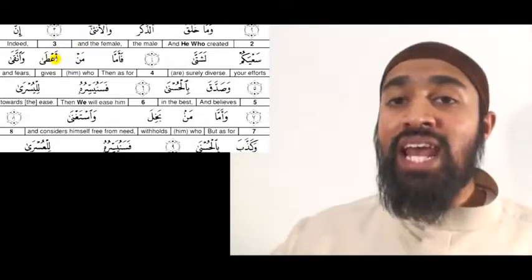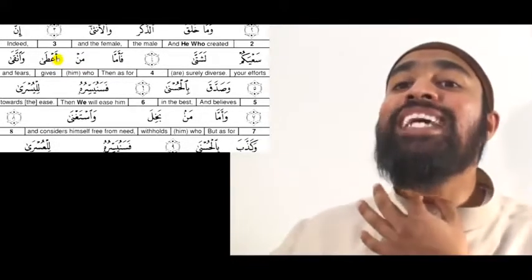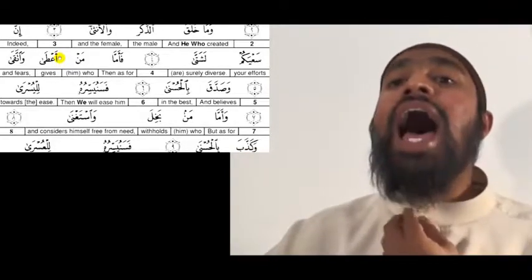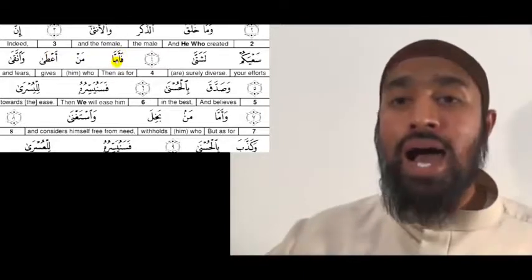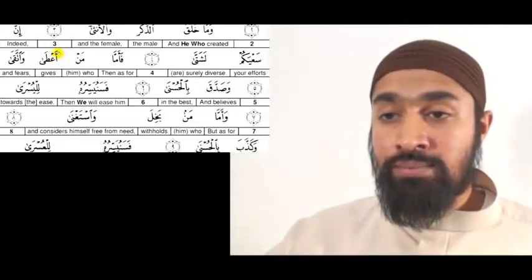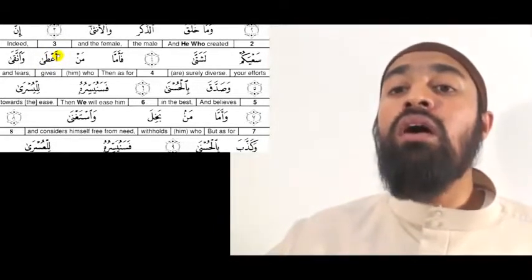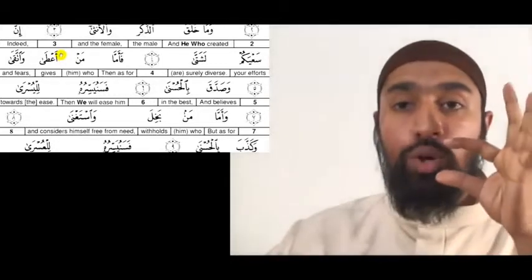فَأَمَّا مَنْ أَعْطَى. Alif, first part of the throat. Ain, second part of the throat. So we're going to go first part of the throat and then second. A, and then ain sukoon. أَعْطَى. Open your mouth, because most of us are comfortable opening it this much.